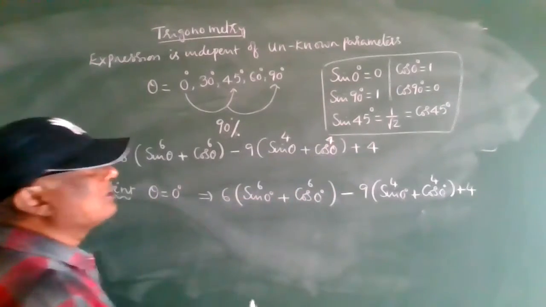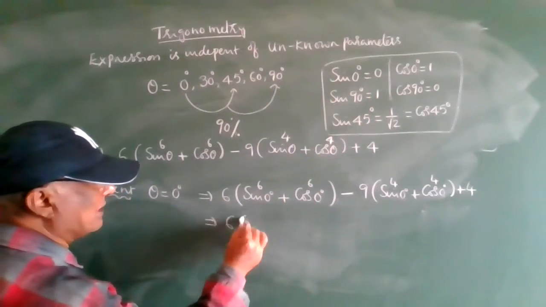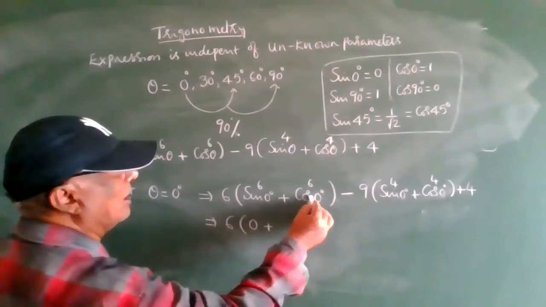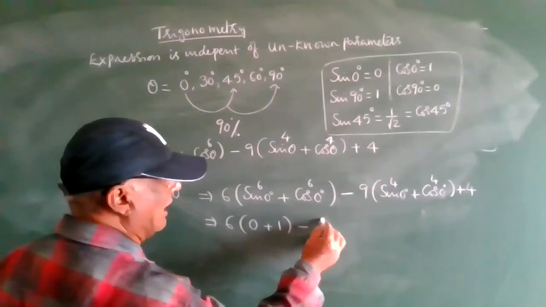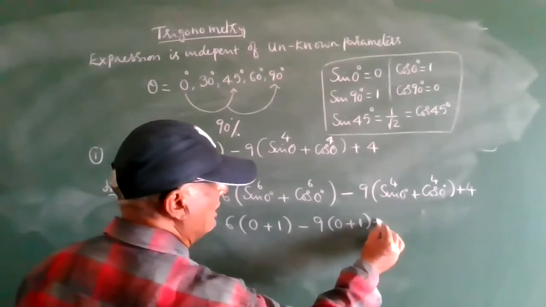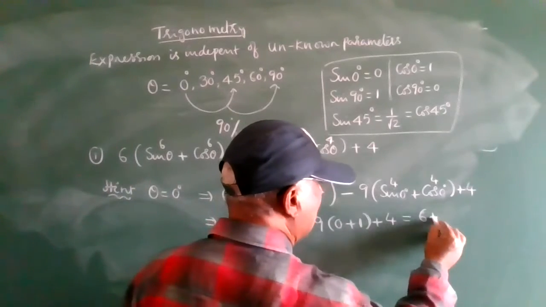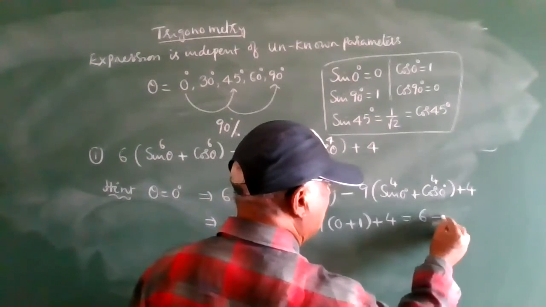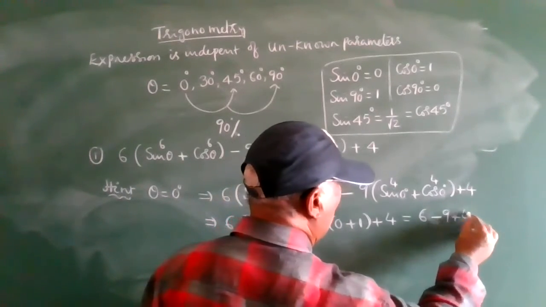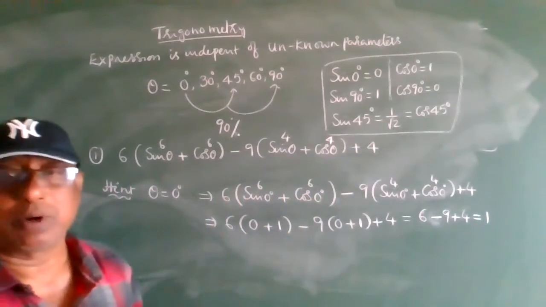Sine 0 value is 0, cos 0 value is 1. So it is 6 into 0 into 1, minus 9 into 0 into 1, plus 4. Total answer is 1. Very simply, we can solve the problem.